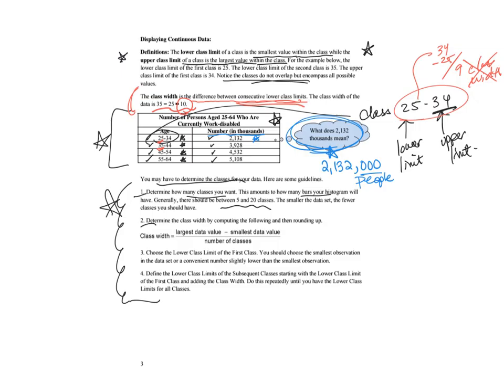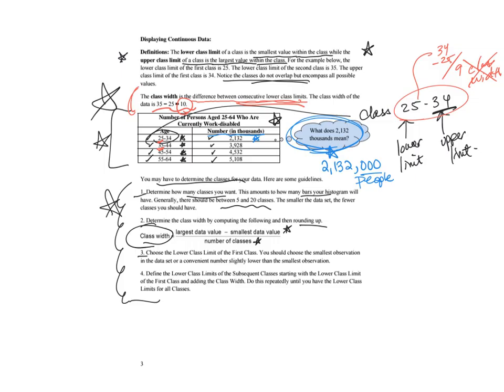Number 2, it says determine the class width. So once you know how many classes you want, you take the largest value and the smallest value, subtract them, and then divide by the number of classes you want, round up, and you'll end up with the class width, which again, back up here, was that 10 that we used in that table.